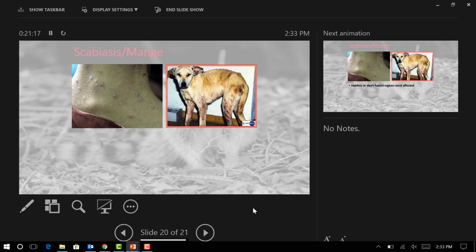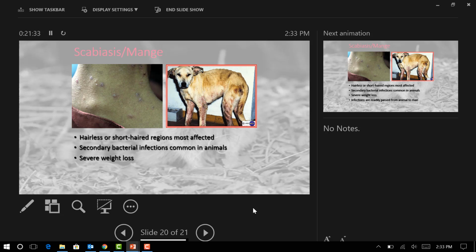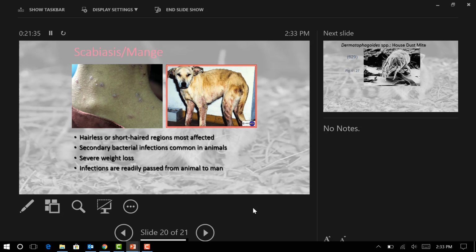So here's the pathology, a really heavy infestation in a dog on the right, where most of its legs and a good deal of its body is inflamed and a lot of hair loss. And then you can see a human there with the back of their neck with some of these mites living underneath them. So they tend to infest or infect the areas without fur, without hair.